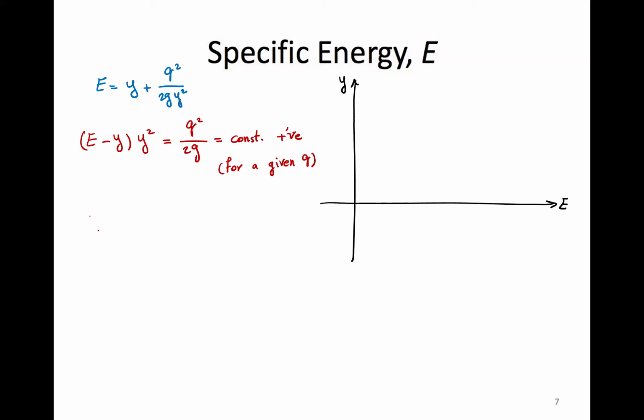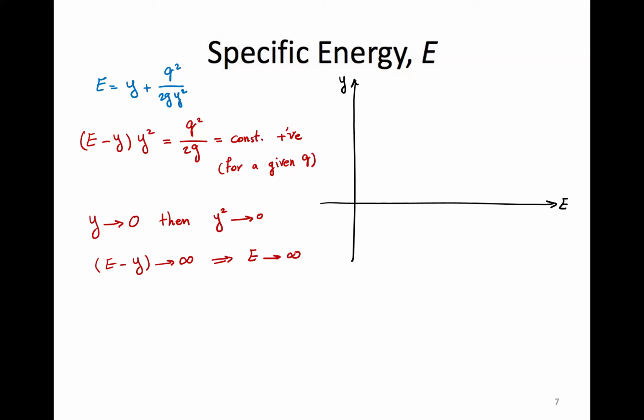As Y approaches 0, what happens? Then Y squared will approach 0, right? Then E minus Y will approach infinity. So that means E will approach infinity.